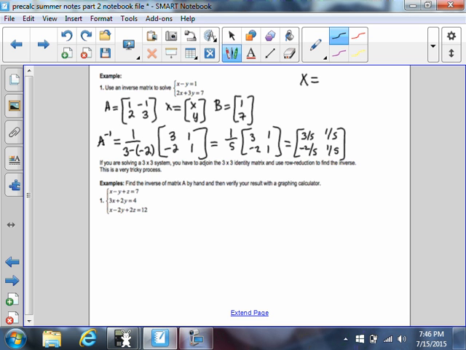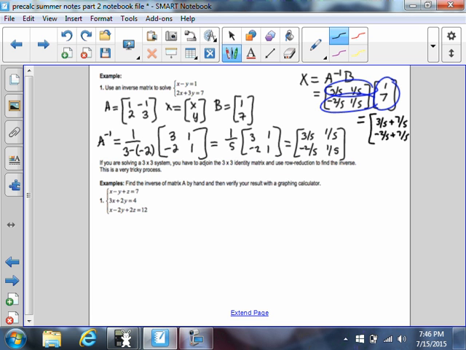If I want to solve for X, what I do is find A inverse times B. I have A inverse as 3/5, 1/5, negative 2/5, 1/5. And I'm going to multiply by B, which is 1, 7. When I do this, I get 3/5 plus 7/5, and I have negative 2/5 plus 7/5.